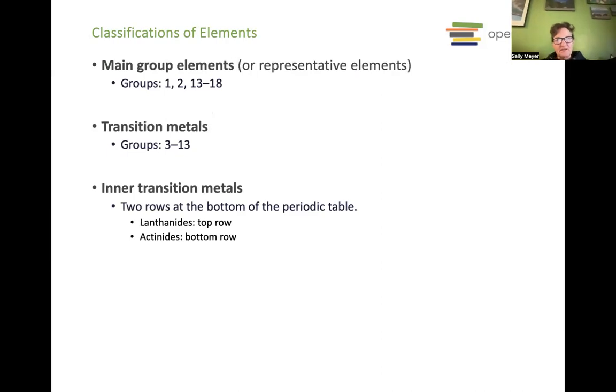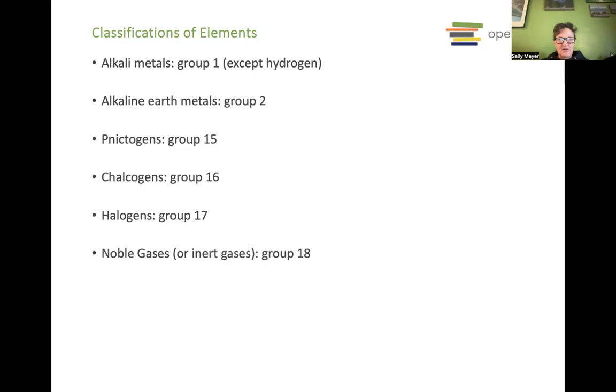Main group elements are groups 1, 2, and 13 through 18. Transition metals are groups 3 through 12. We should really have this on a slide with the periodic table. The inner transition metals are those bottom two rows. We have alkali metals, group 1, except hydrogen, and alkaline earth metals, group 2.